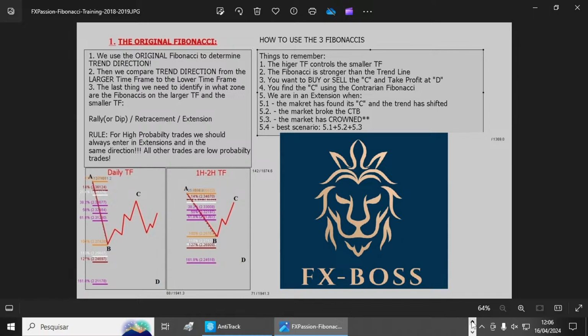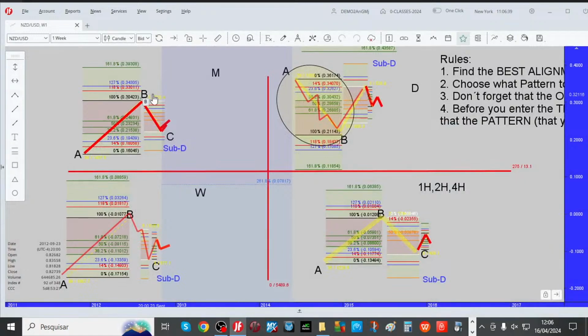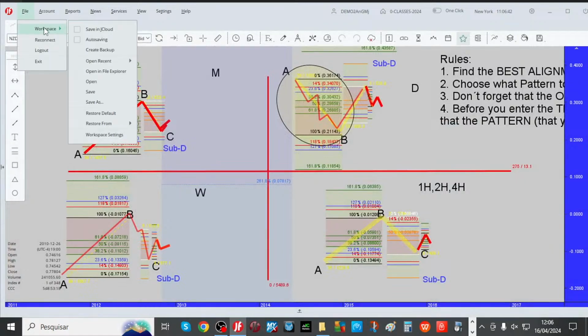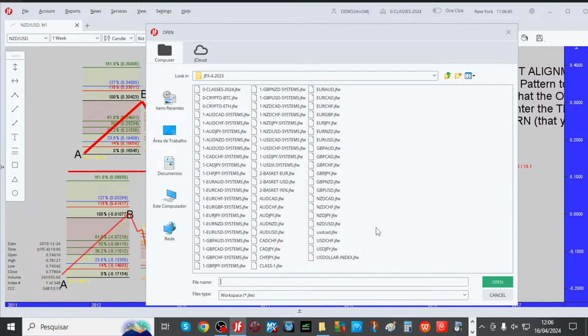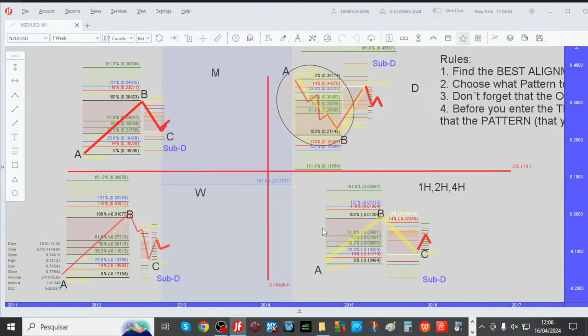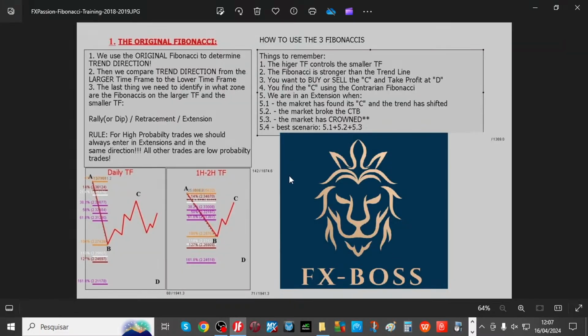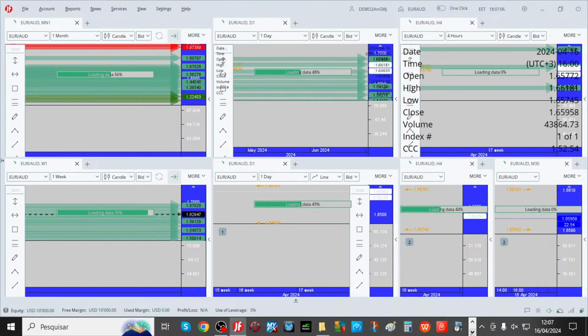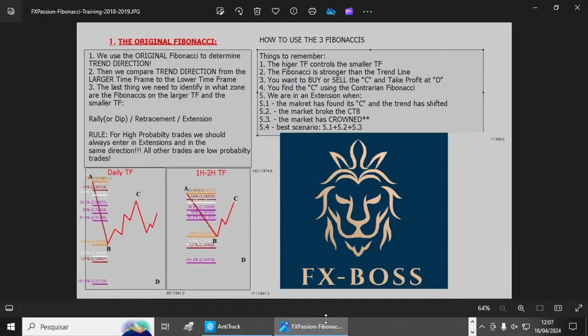Alright, now what does this mean on the chart? If we open, everybody, Euro AUD, just an example, and go to monthly, weekly, daily, and the 4-hour chart, what is this picture telling us to do with the original Fibonacci?